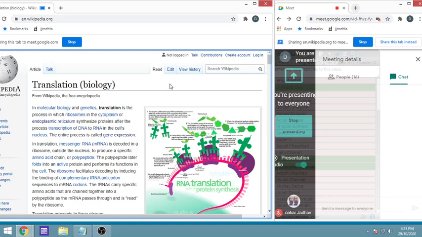So we have seen that there is a processing of the messenger RNA. We call it a post-transcriptional processing, in which we have seen that the RNA has three important processes that are done.